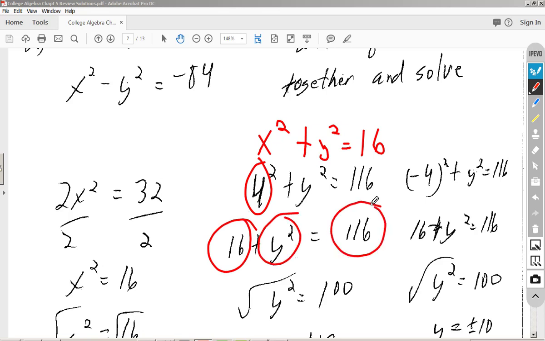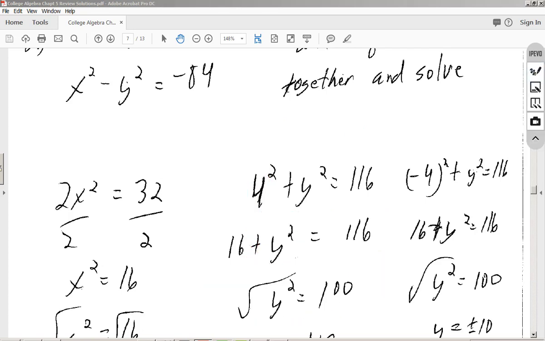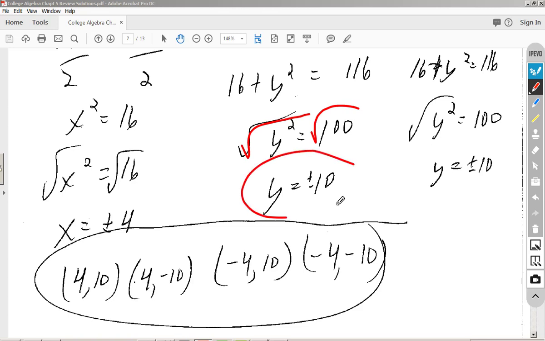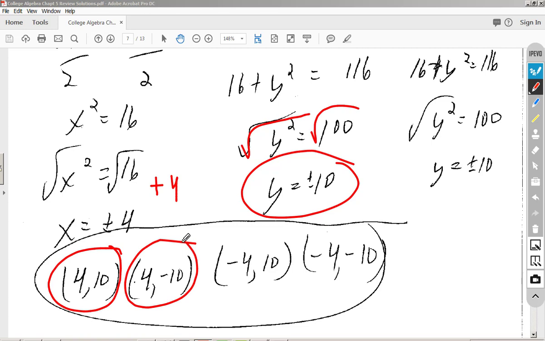I subtract 16 from both sides. And 116 minus 16 is going to be 100. I've got y squared equals 100. Taking the square root of 100, I get plus minus 10. So I know that my positive 4 has both a positive 10 that matches with it and a negative 10. So those are my two answers.